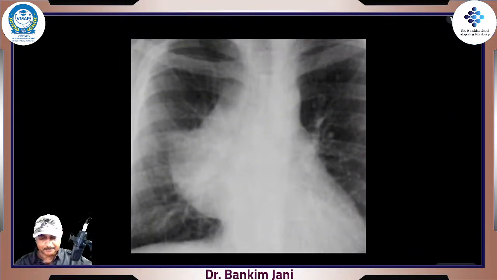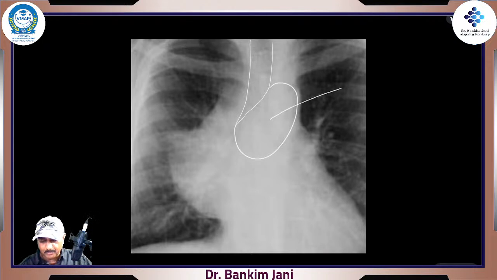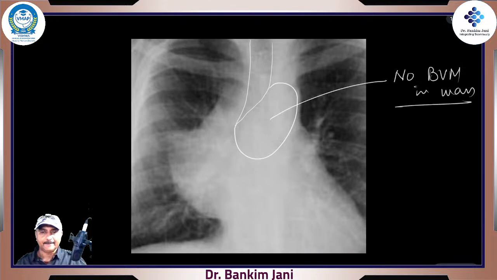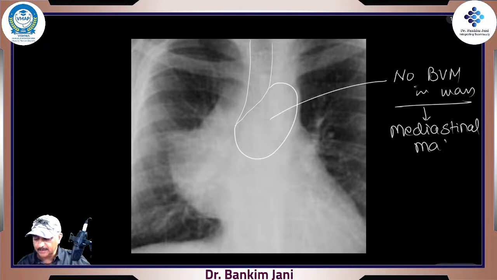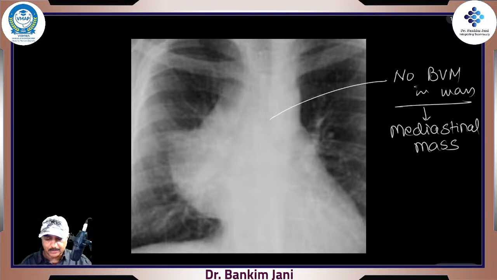So now see this trachea. That means something is over here. If something is over here, and there are no bronchovascular markings in the mass, that means definitely this is a mediastinal mass. Another thing: if we remove this entire portion, it is quite big.